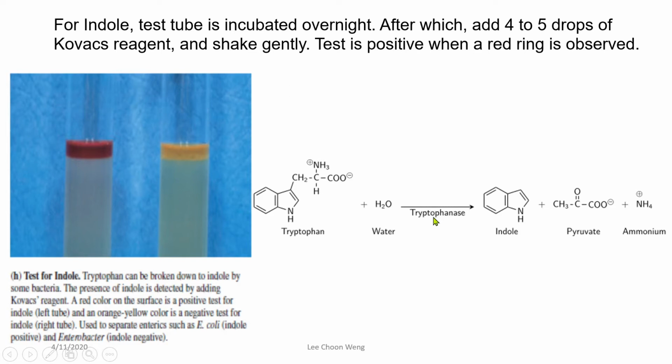After 1 day of incubation, we will add 4 to 5 drops of the Kovac's reagent, which we shake gently, and after a while you can see a red ring formed on top of the solution if the test is positive. So this is a negative test, this is a positive test.